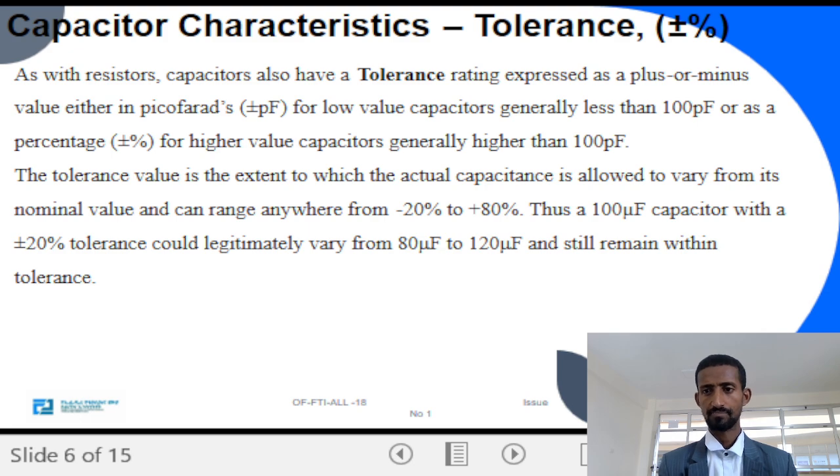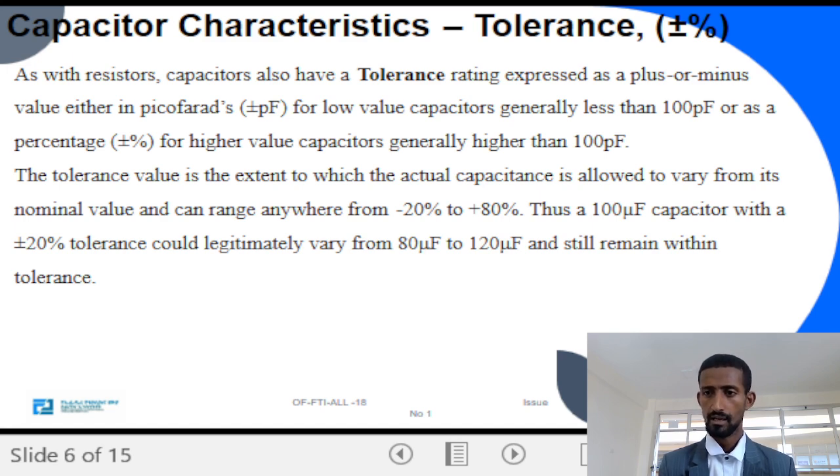So for the time being, if you have a 100 microfarad capacitor with a tolerance of plus or minus 20%, by using your measuring instrument you may read between 80 and 120 microfarad.